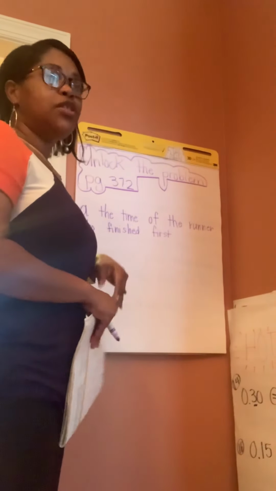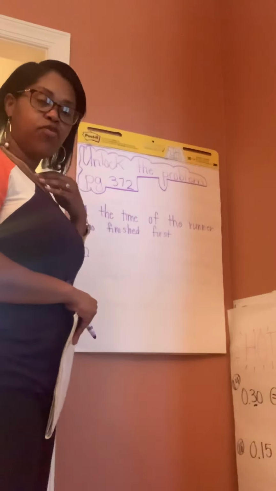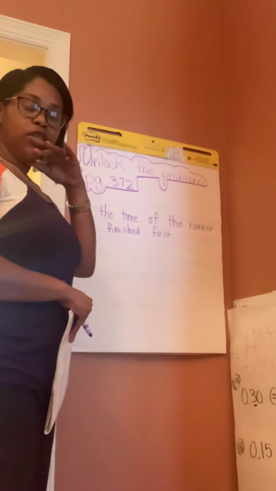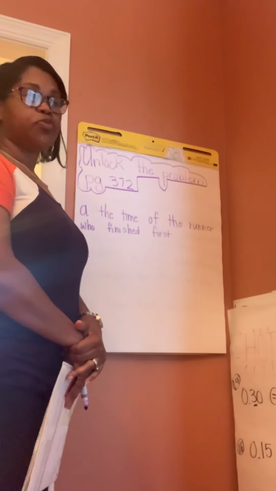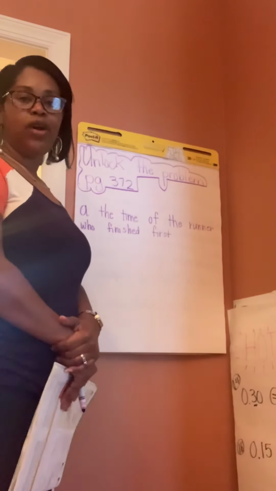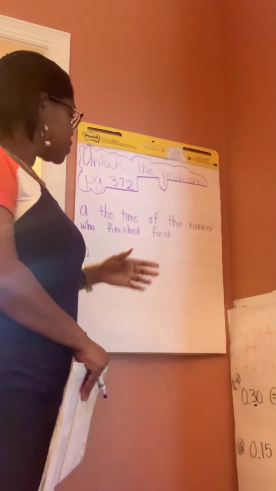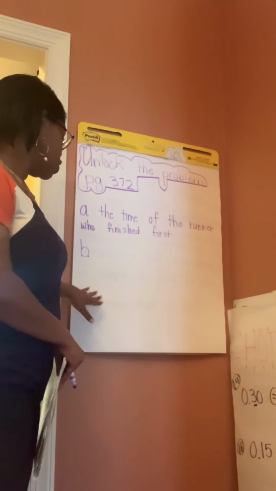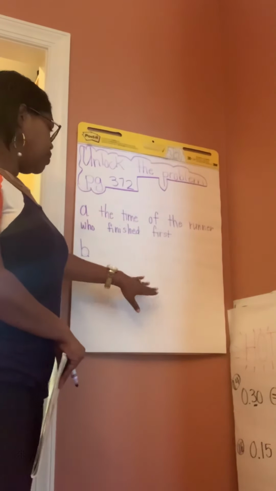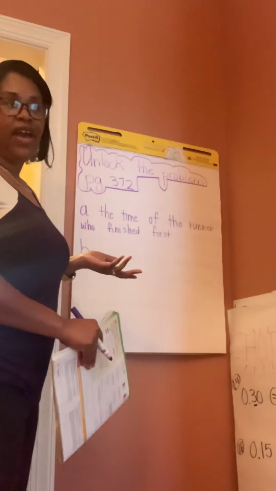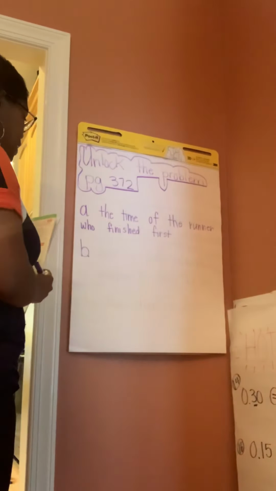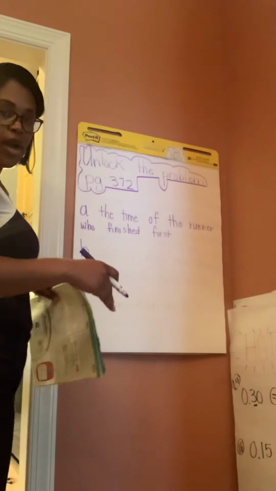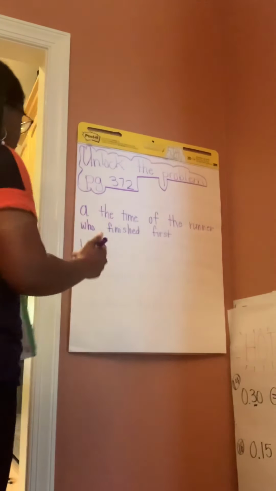One thing you can do is use a place value chart, and you can write each digit in its place according to its value on the place value chart, or you can think about what you already know as we've been comparing decimals. I think what we can write here is that we can use a place value chart to compare the times and find out which time is less.